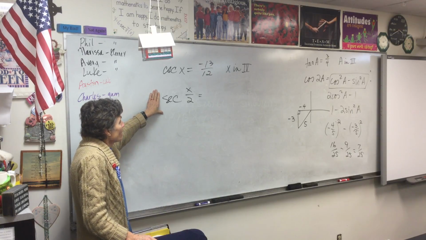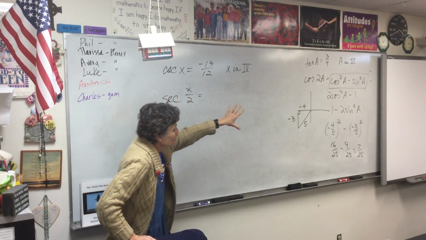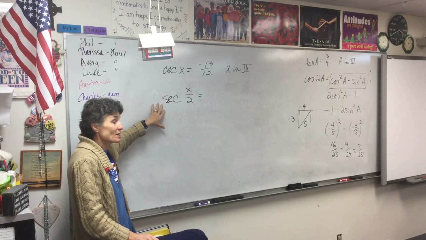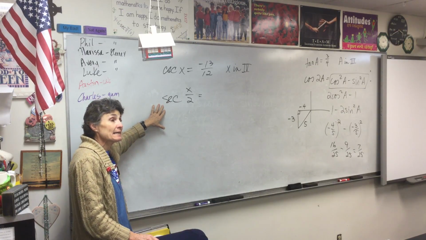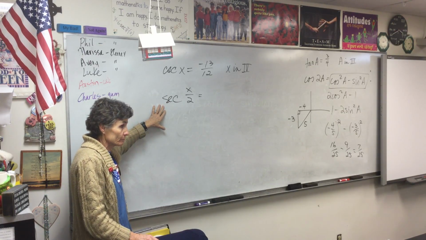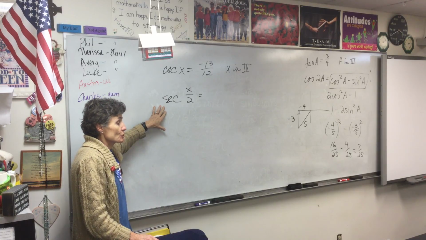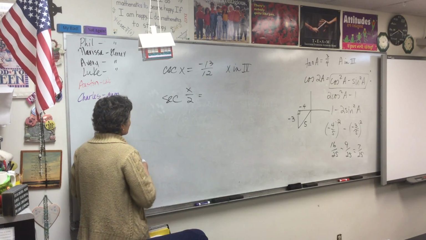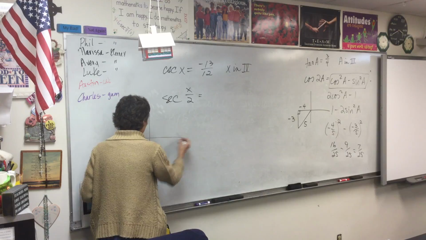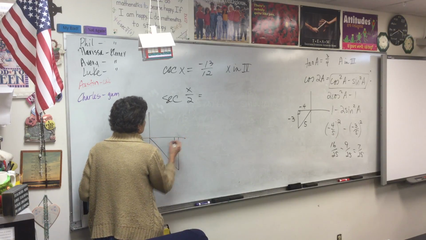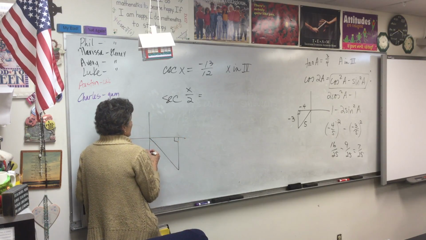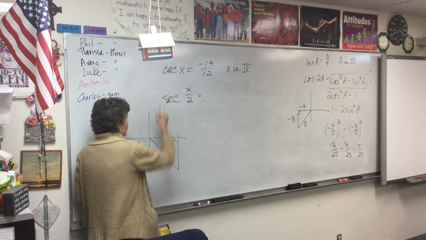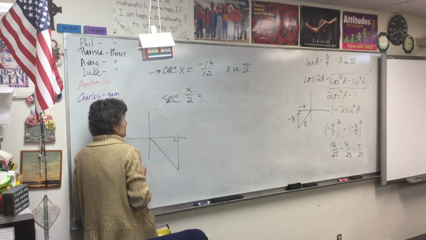All right, this is exactly like the one we just did, except the question is, what's the secant of x over 2? All right, so let's start by drawing a picture. You're in quadrant 4. This is the given. We're drawing cosecant.